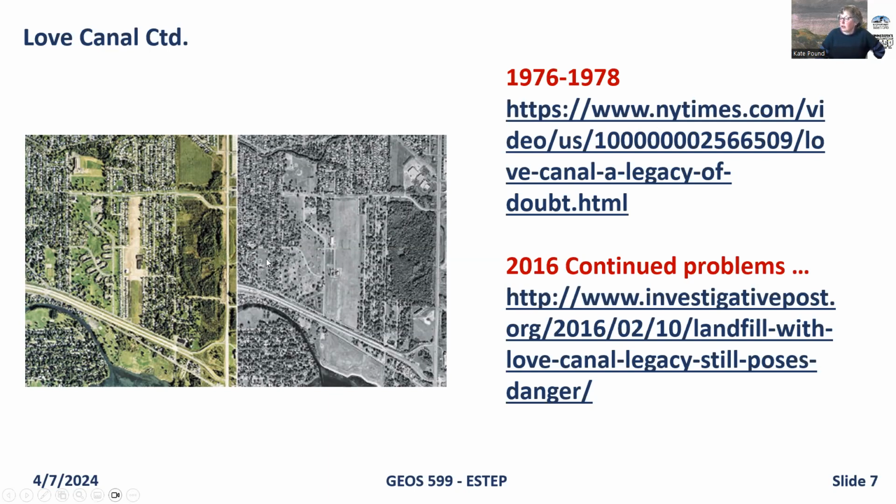Here we've got two images, and what you can see is prior to housing development, and then here we have housing development in that area of what got called Love Canal, where a large amount of toxic material had been dumped.